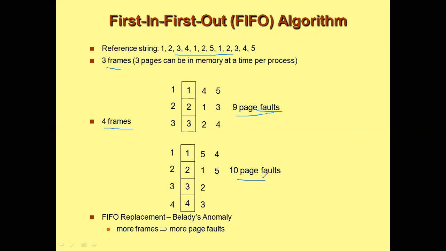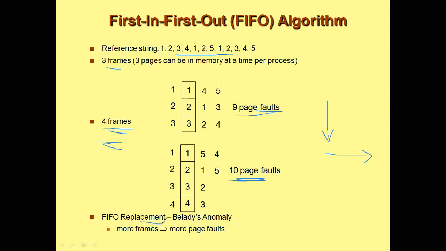I told you one point, that if you increase the number of frames, then the number of page faults decreases. But what is happening here? If you increase the number of frames, the page faults are also increasing. So this is one drawback in FIFO, that sometimes when you increase the number of frames, you tend to increase the page faults too, which is not good.